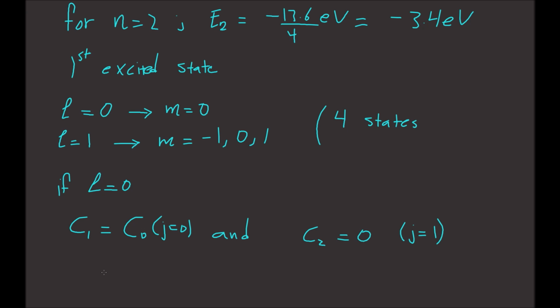So our polynomial is equal to C naught times 1 minus rho.